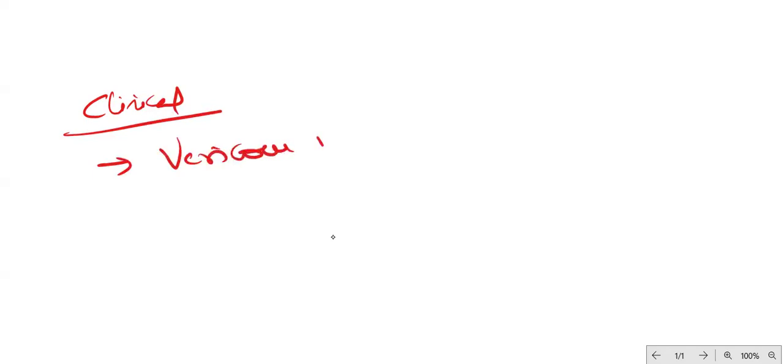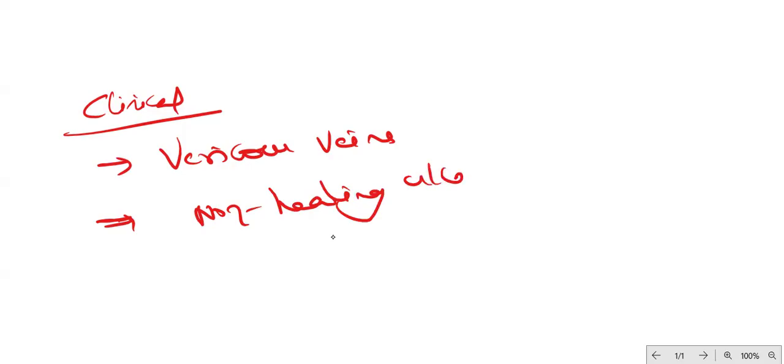So in clinical cases, you will mostly see two: varicose veins and non-healing ulcers. So this is all about the venous drainage of the lower limb.